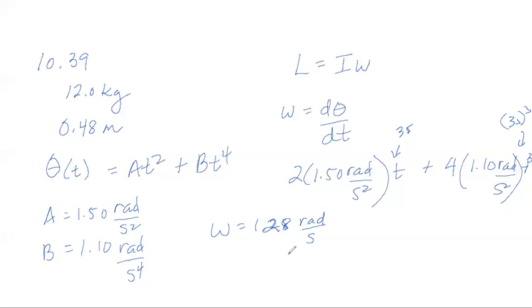And I of a hollow sphere is 2/3 mr squared. So L equals I omega, which is 2/3 times m, 12.0 kg, times r, 0.48 meters, quantity squared, times 128 radians per second.